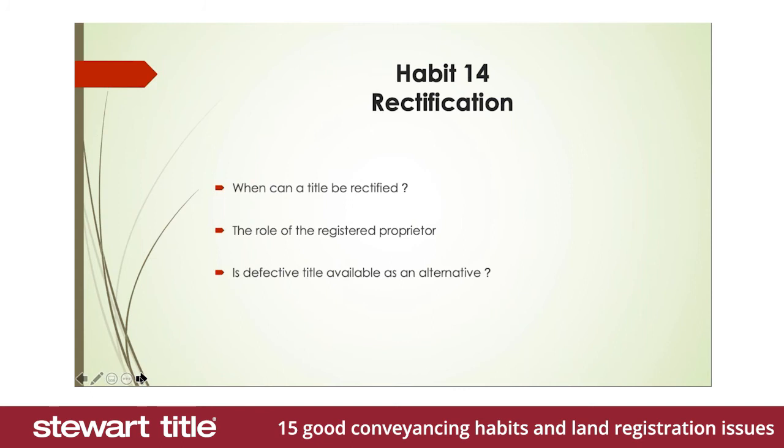you will have alternatives to rectification. You'll have, I guess, a wide raft of policies that potentially would be available, rather than someone having to make an application for rectification with all the costs and issues associated with it.